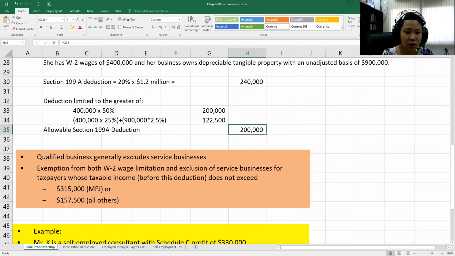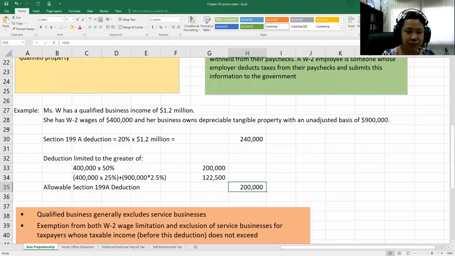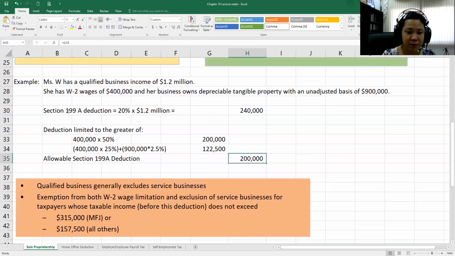What does it mean? It means that if you are married filing jointly and your taxable income is less than 315,000, then you will be exempted from the W-2 wage limitation above, and also from the service business exclusion.